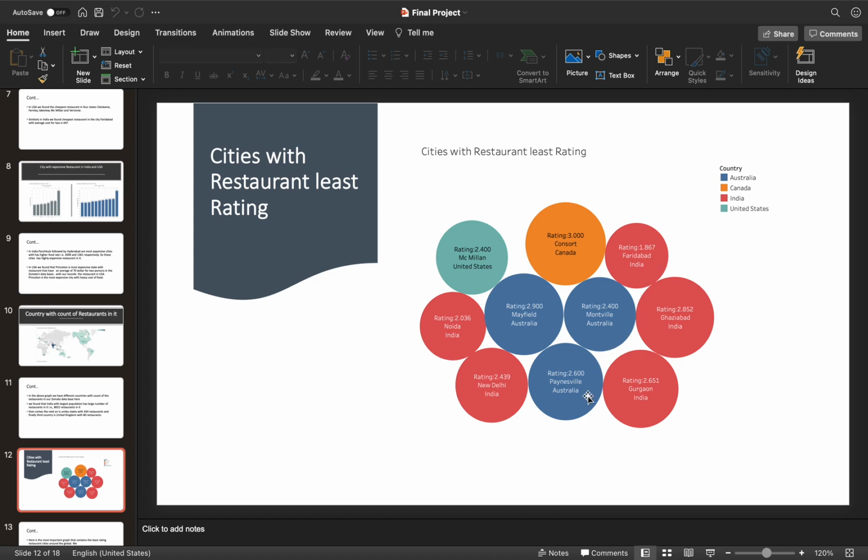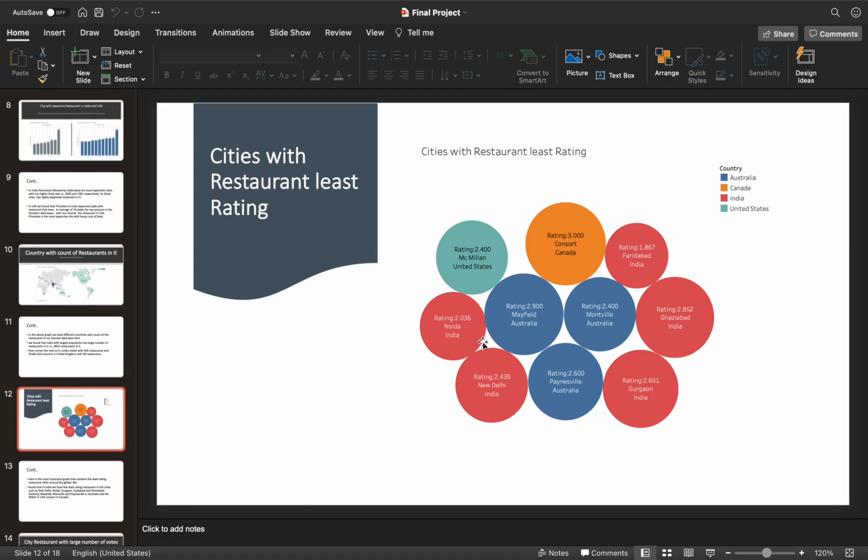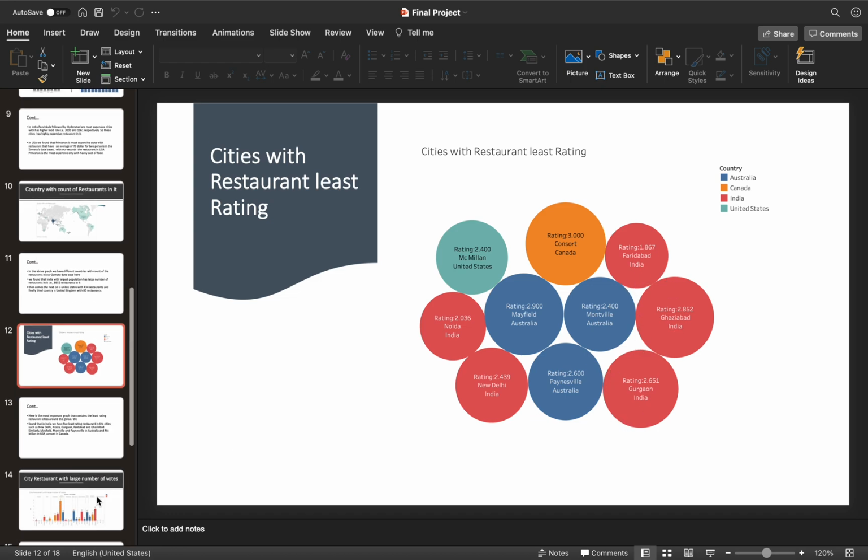In Australia, Mayfield, Painville, and Montville have a low rating. In the USA, Macmillan has a rating of 2.4. In Canada, Concert City has a restaurant rating of 3. The main focus here is to update these restaurants so that the customers and the rating will increase.